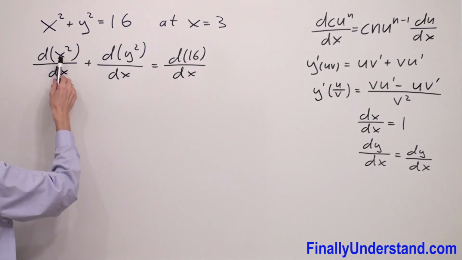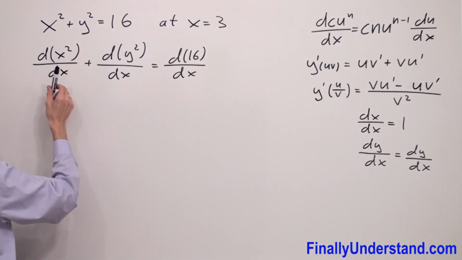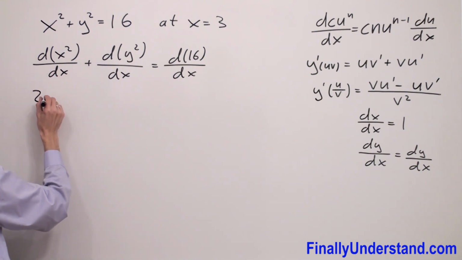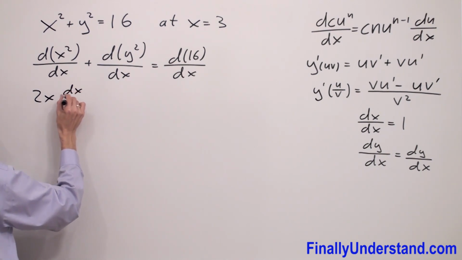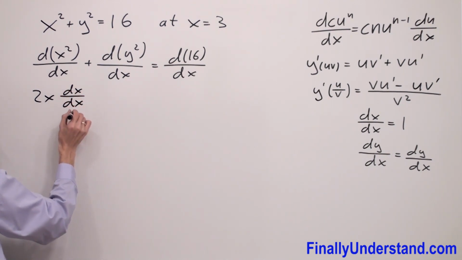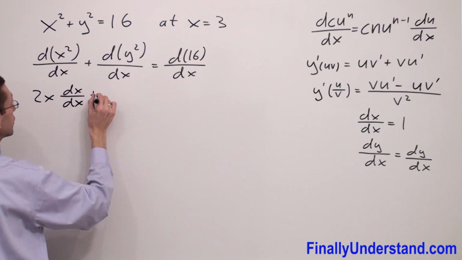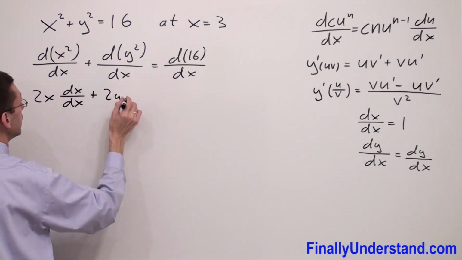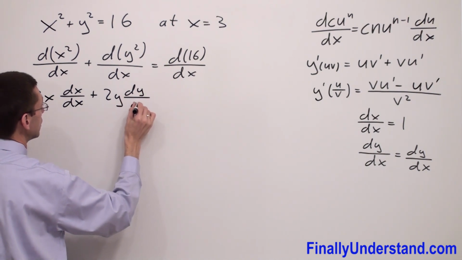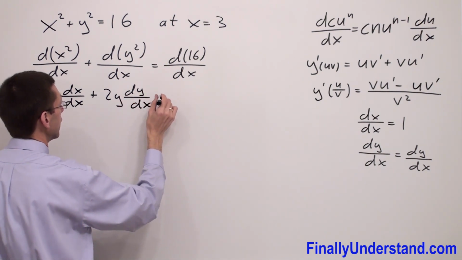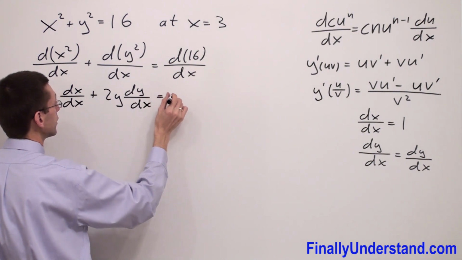Next, we're supposed to find the derivative of x squared. So this is 2x, and I have dx over dx, plus 2y dy over dx, and this is equal to 0.